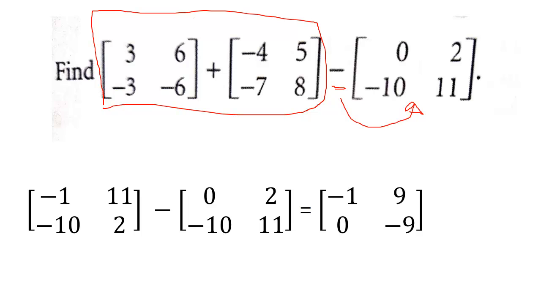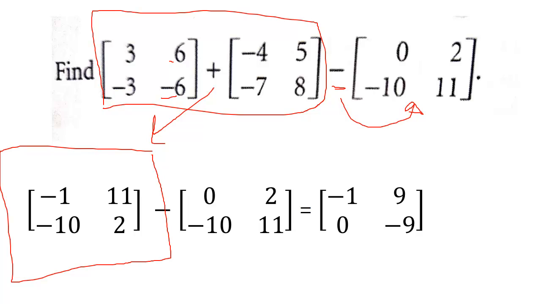So 3 minus 4, negative 1, negative 3, negative 7, negative 10, negative 6 plus 8, 2, and 6 plus 5, 11. So here is the matrix we found from the addition between these matrices.